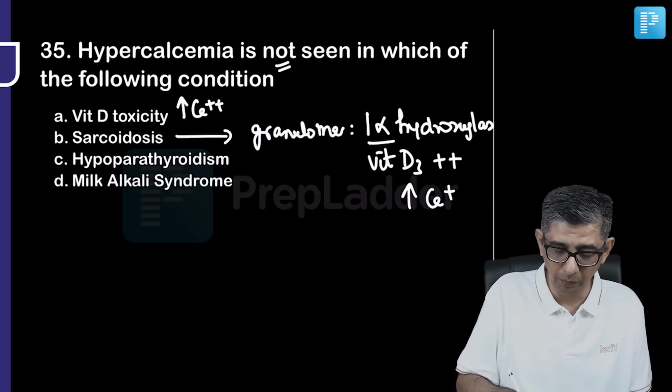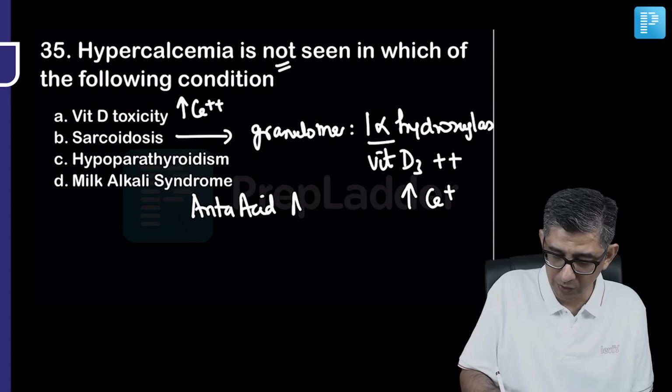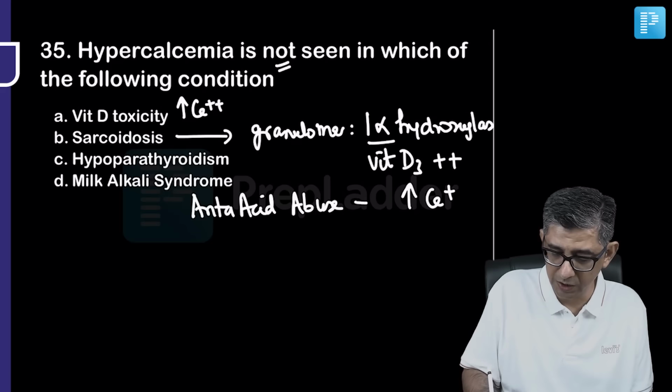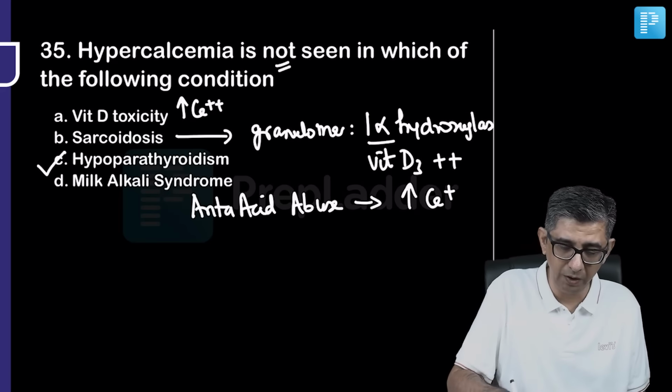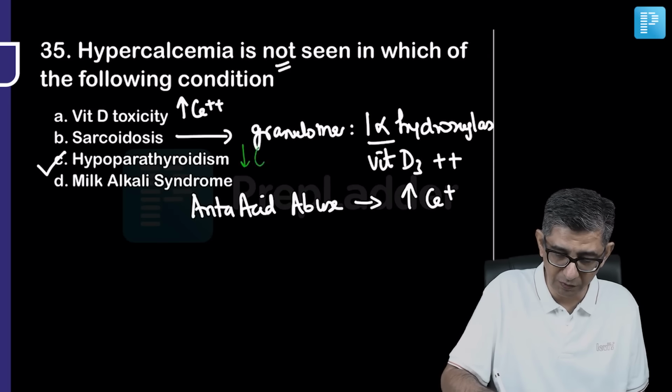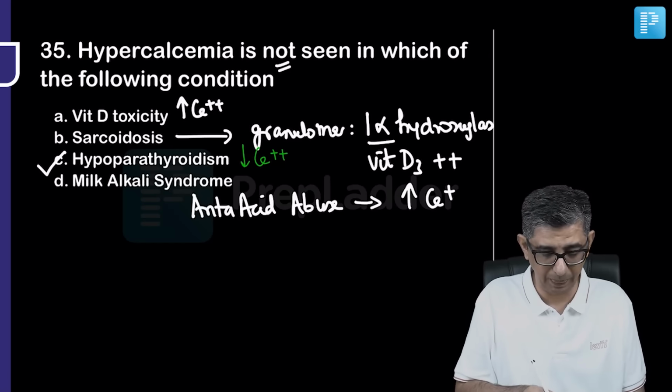Milk alkali syndrome would be excessive antacid abuse, and secondary to this the calcium values will again be rising in the patient, but hypoparathyroidism would be having less of calcium. The correct answer for the current question on this slide, that would be 35, would be option number C.